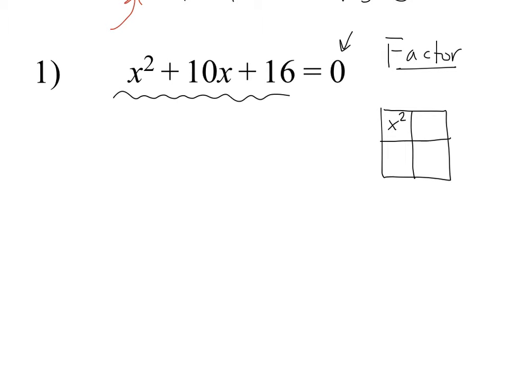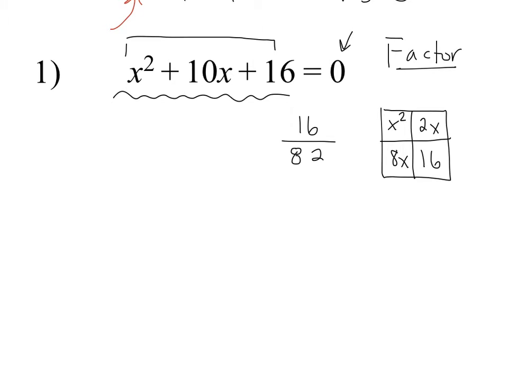We have x squared, we have 16. We take 1 times 16, which is 16. And we try to find two things that multiply to 16 and add to 10. In this case, that would be positive 8 and positive 2. Those multiply to 16, those add to 10. So I'll put 2x here and 8x here.